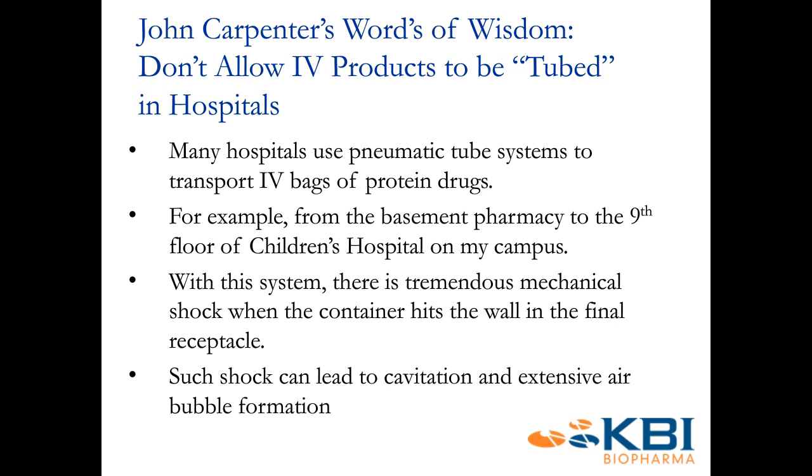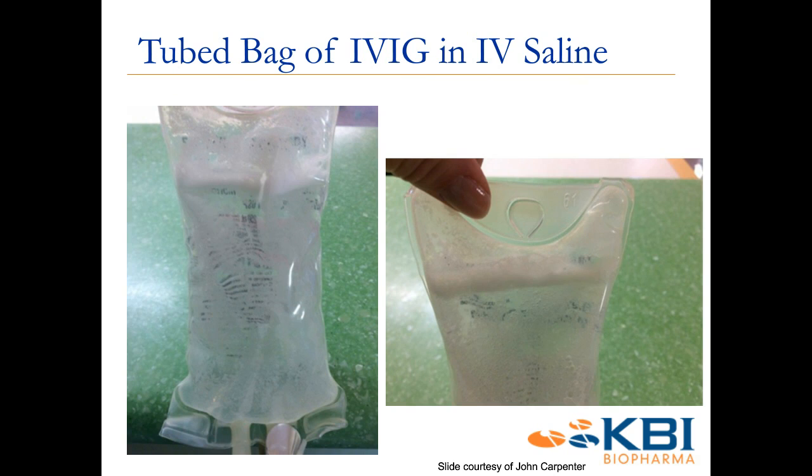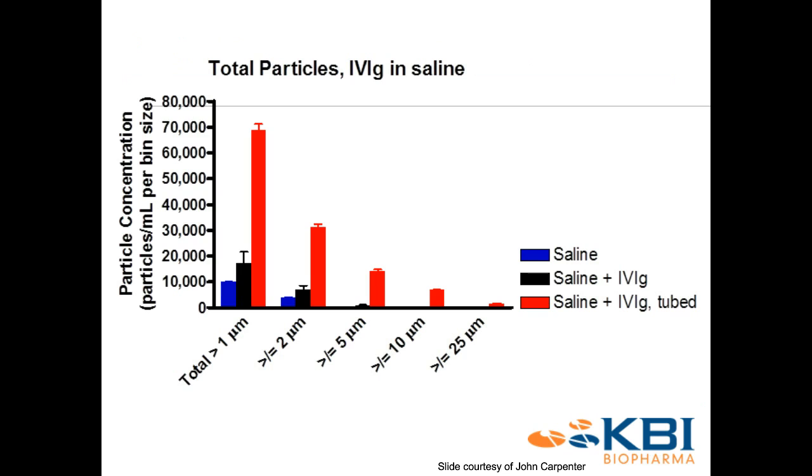Obviously, there's a lot of stress that can occur in this type of situation, which he did observe when they went to the other end of this tube where the bag was being transported. They found quite a bit of agitation and foaming, so quite a bit of stress of the product post-dilution into the IV bag. And of course, that led to very large amounts of particles as well.